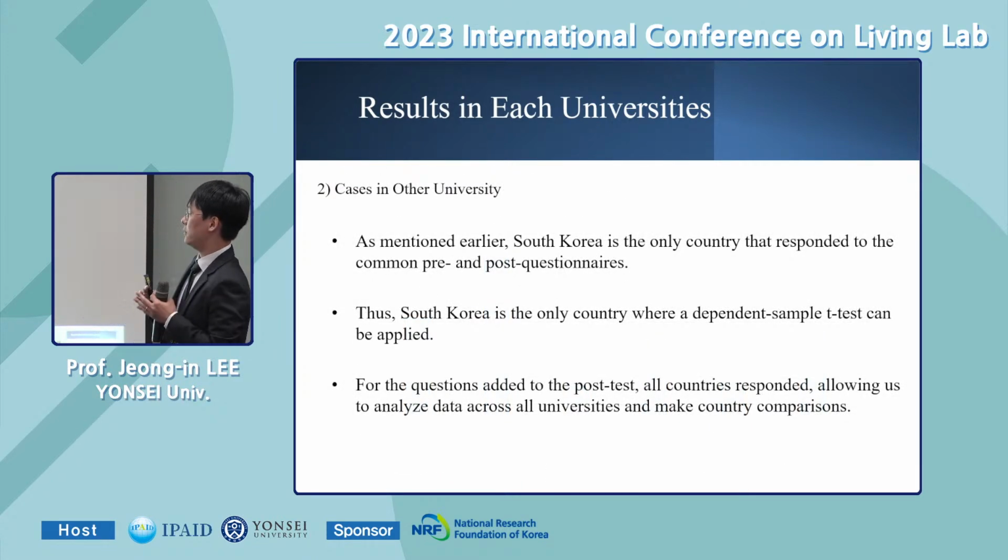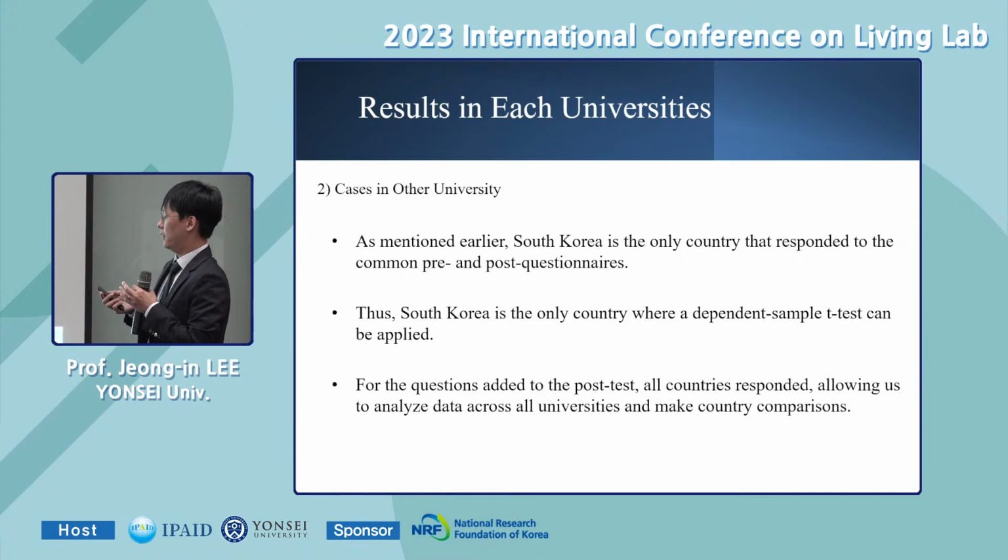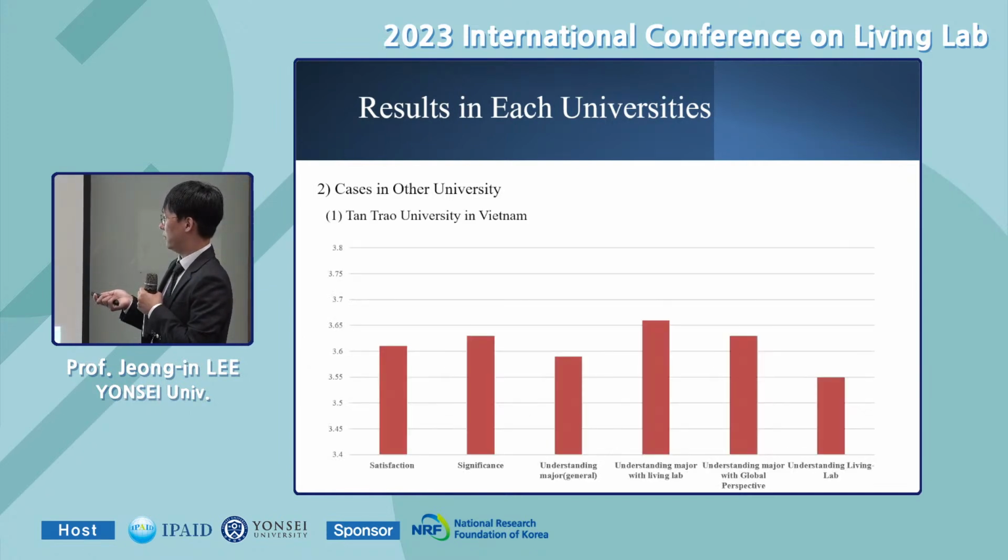In the other cases, we only see the outcomes of the additional questions in the post-survey. So let me briefly point out the meaningful outcomes. In the case of Danjiao University, understanding major with the living lab got the highest score, followed by understanding major with global perspective and significance.